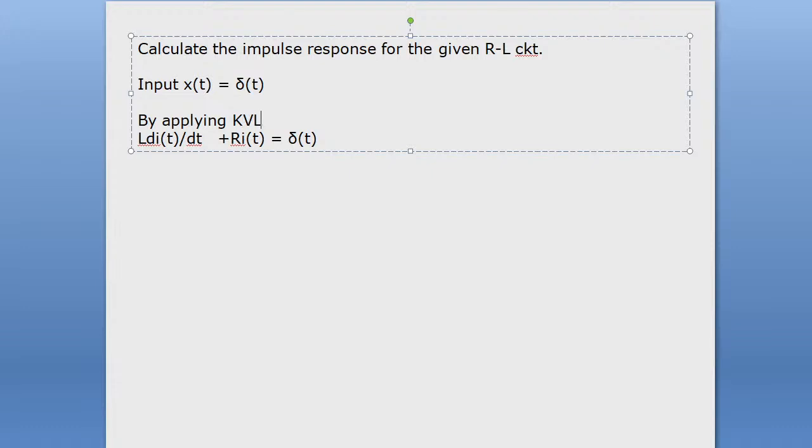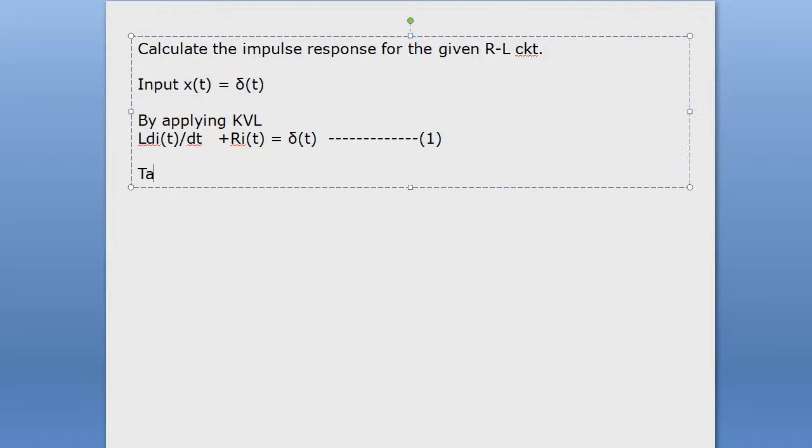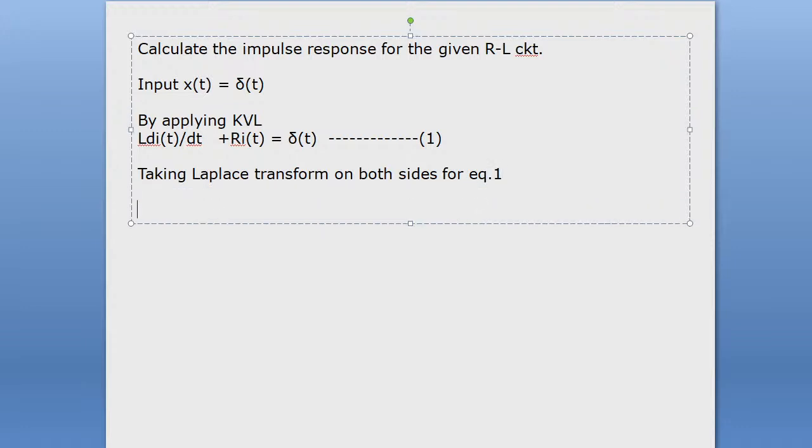Okay, we can write L di/dt plus R i(t) equal to, now consider this is equation 1, and you take the Laplace transform of this equation. Taking Laplace transform on both sides for equation 1, what can you write?